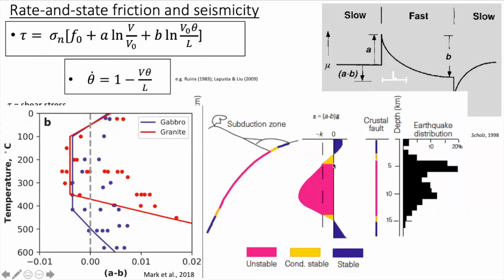We see that rate-state friction stability outlines the seismogenic regions of these faults pretty clearly, where the pink region here is the potentially unstable region, and over here on the right are the earthquake distributions from these regions.